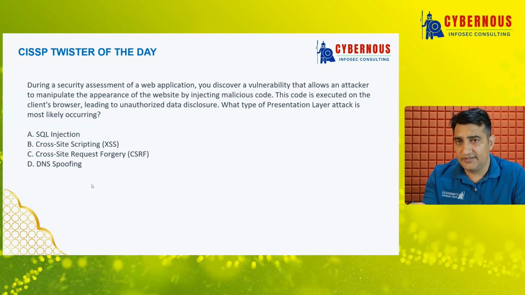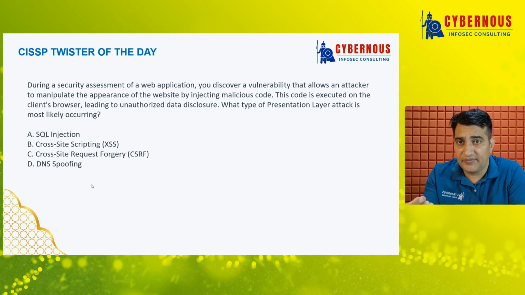For that we use multiple solutions. For example, you must implement DNSSEC as one of the security measures, or you can also make sure that the DNS server flushes its cache more often. That is another control we can implement.